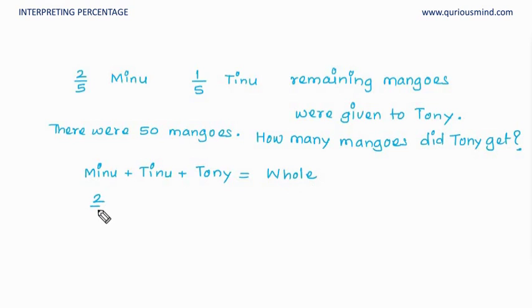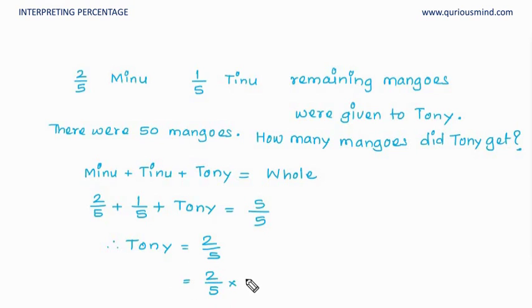So 2/5 plus 1/5 plus Tony is going to add up to the whole, which is 5/5. And hence I will come to know that Tony got 2/5 of the mangoes, which is equal to 2/5 of 50. 5 tens are 50, and that is equal to 20.